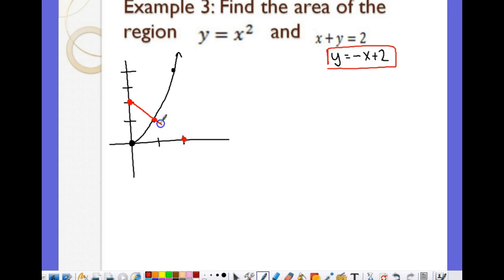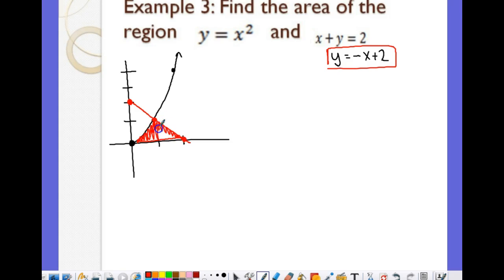Okay, well, what about the other side of the parabola? That line keeps going in the area over there. We're finding this little space. But he's asking how do you know that?